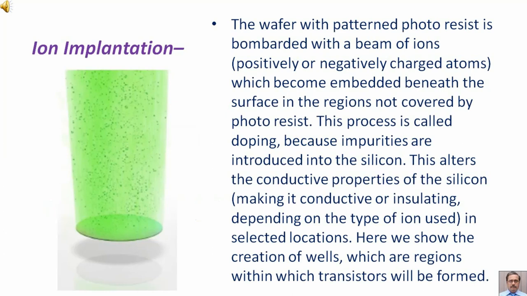This process is called doping because impurities are introduced into the silicon. This alters the conductive properties of the silicon. In selected locations, here we show the creation of wells, which are regions within which transistors shall be formed.